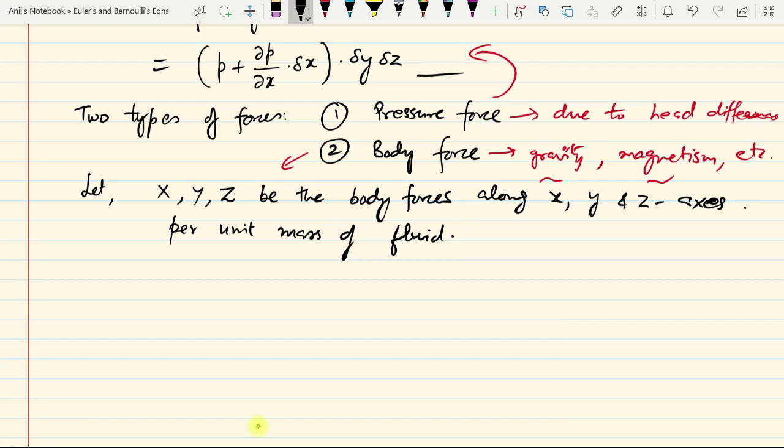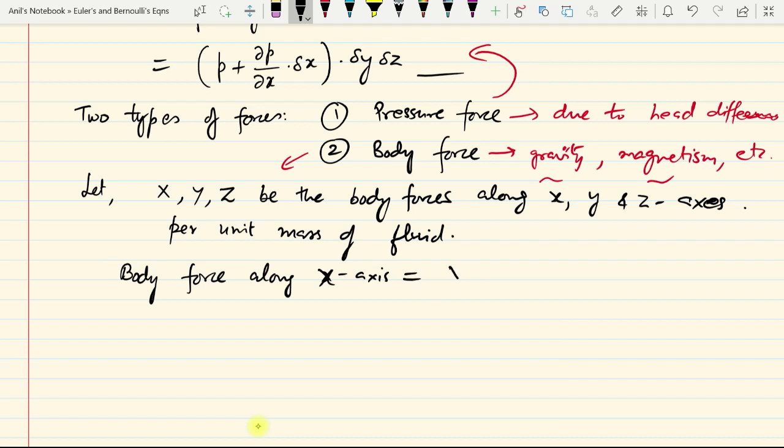So that means the body force along x-axis would be how much?